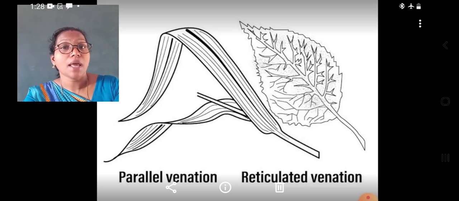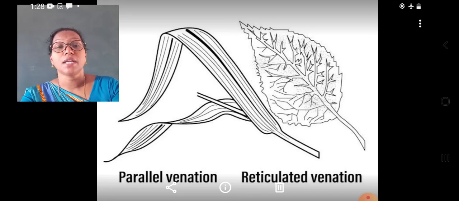We can see parallel venation in maize, rice, jowar, bajra, the bamboo, plants such as coconut, arecanut, palm plants. In all these we can find parallel venation.